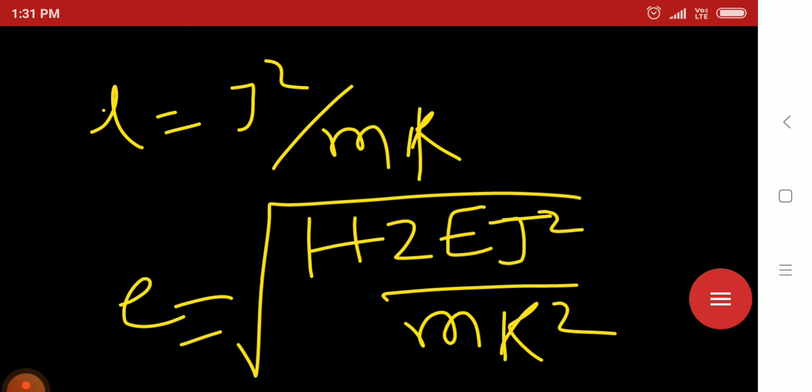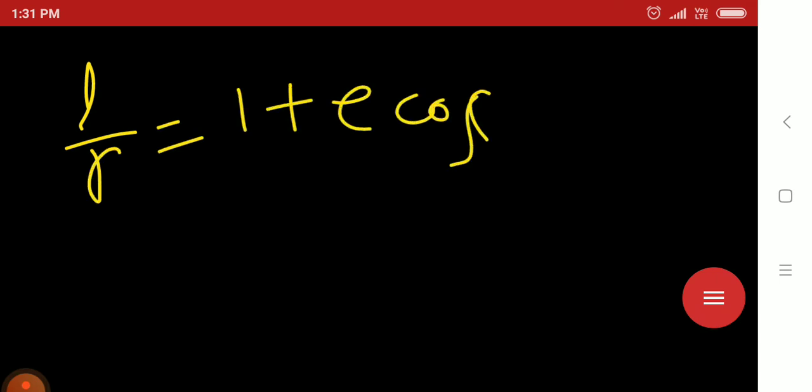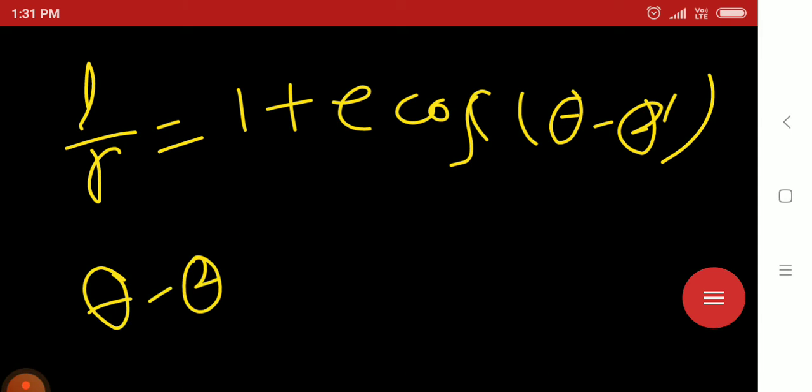Now I'm again returning to that equation, L by R equals 1 plus e cos of (theta minus theta prime). When theta minus theta prime equals 0, what will we get?